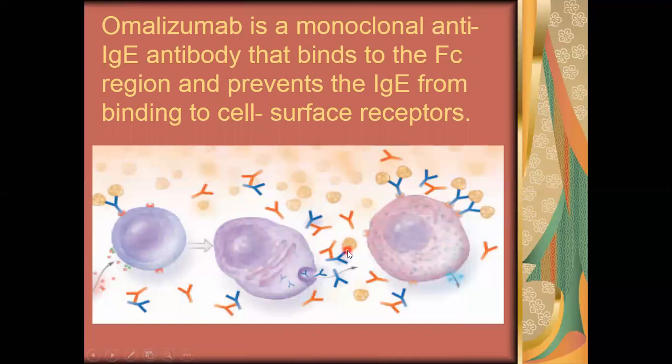This omalizumab is basically a monoclonal anti-IgE antibody that binds to the Fc region of the IgE antibody and prevents its binding to the cell surface receptor, and it also prevents the antibody-antigen binding. So in this way it acts as an anti-asthmatic drug.